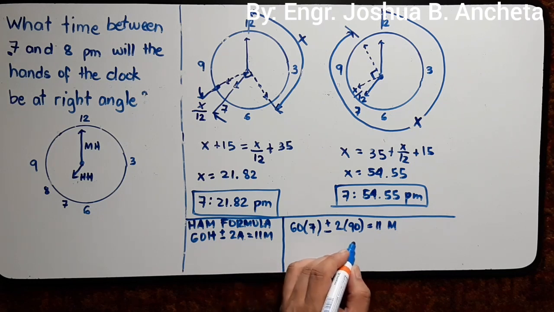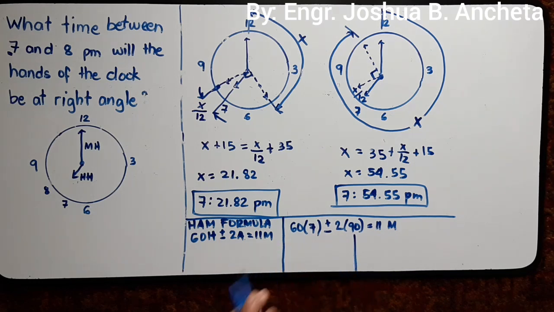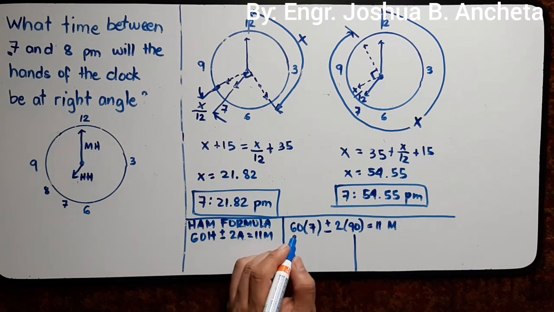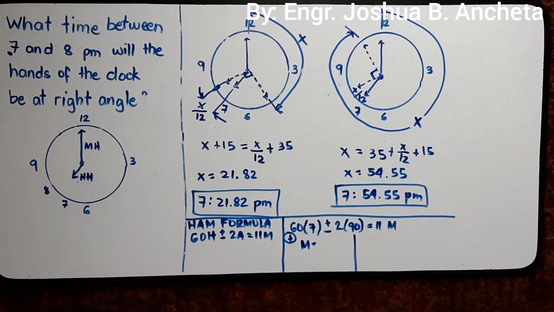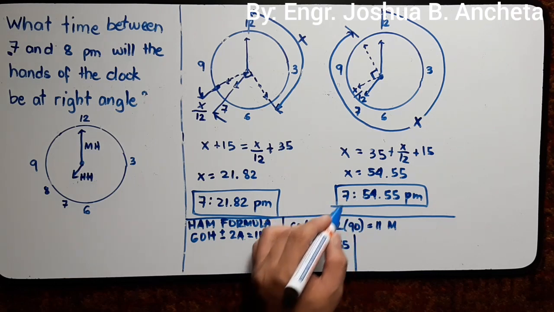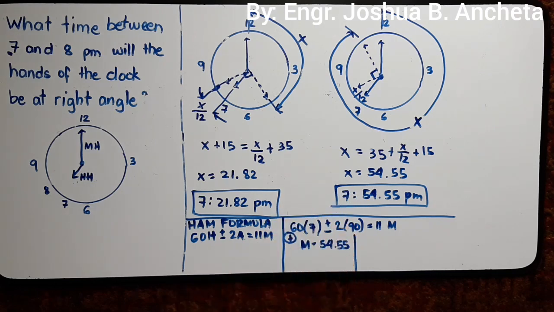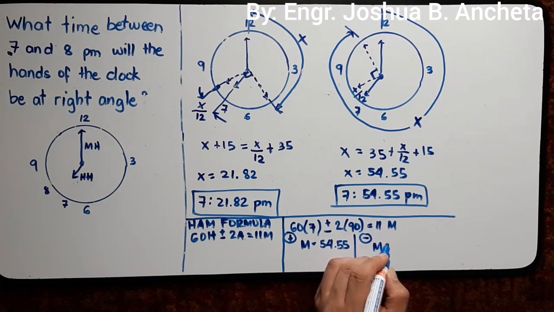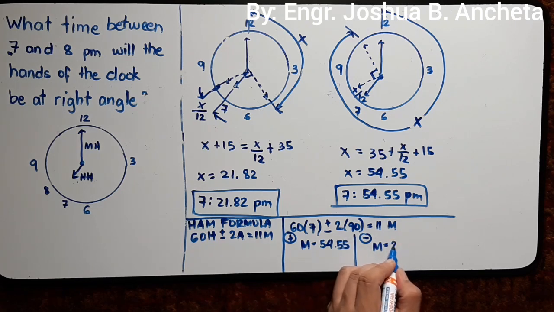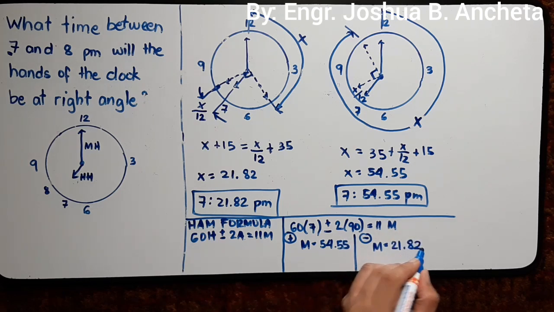Using plus, M will give 54.55. And this is the solution for the second time wherein the minute hand and the hour hand are at right angle. If you use negative here and then solve for M, it will give 21.82.